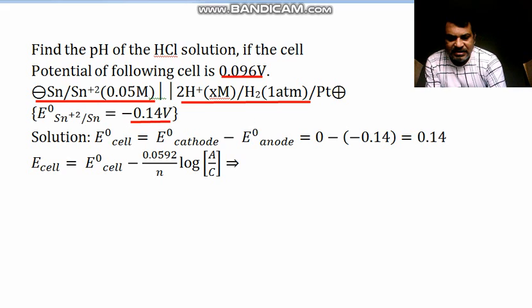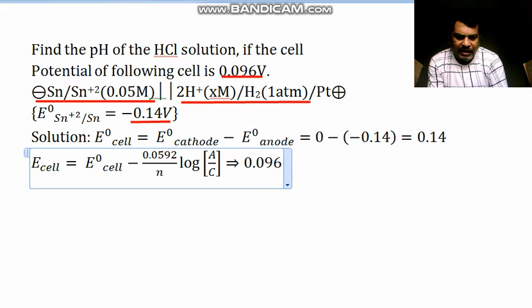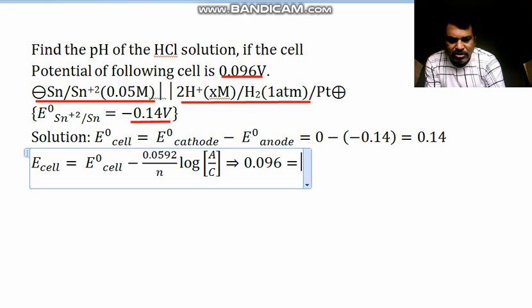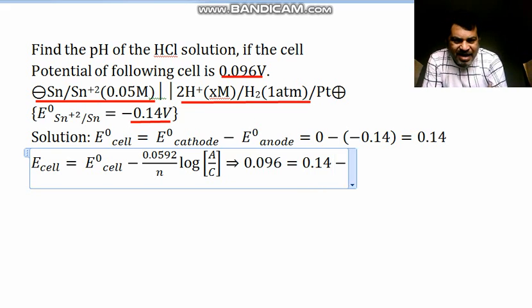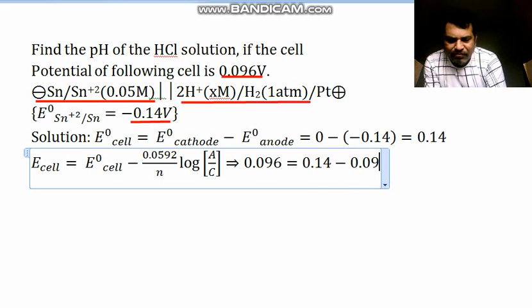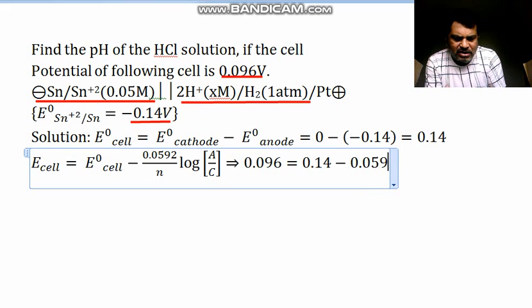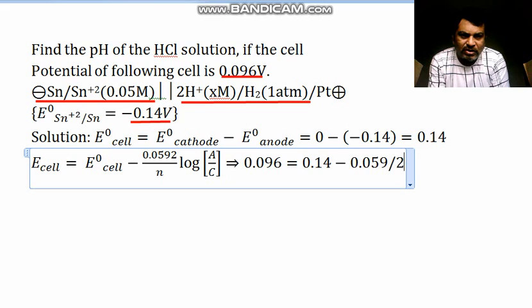So I am writing here the value of E cell is 0.096, and it equals E degree cell. We have found out E degree cell, it came 0.14. So I am writing here 0.14 minus 0.0592. I am not taking 2, 59 is enough, and divided by how many?